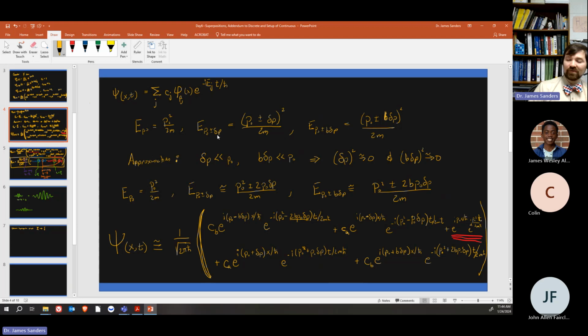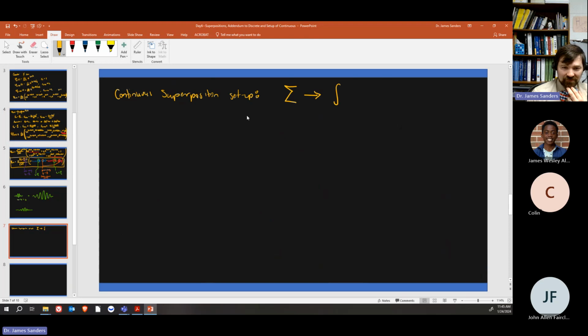This sum is therefore a series of sines and cosines. And so we're basically going from Fourier series to Fourier transform. Okay, that's the effect that this is going to have.